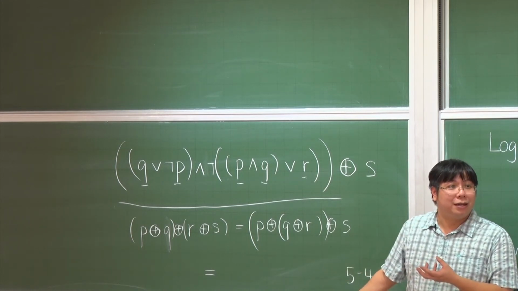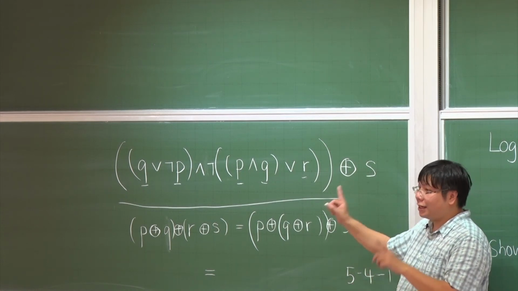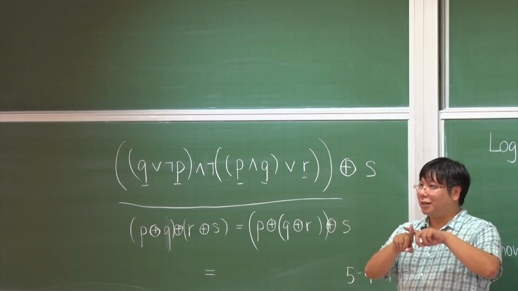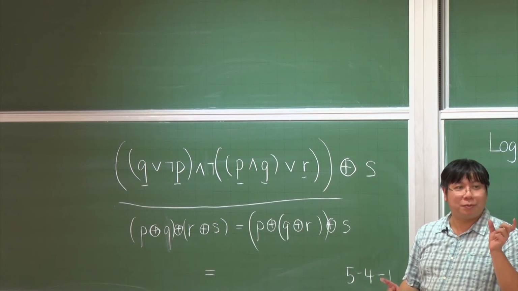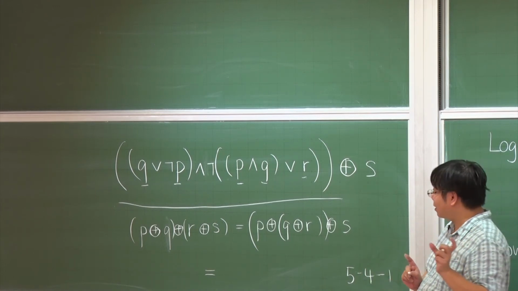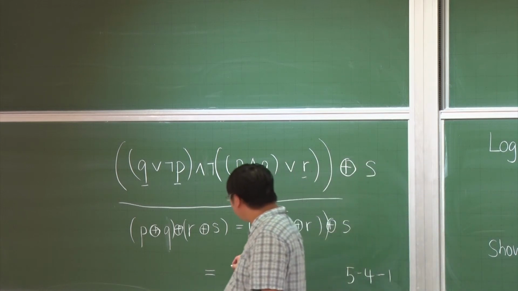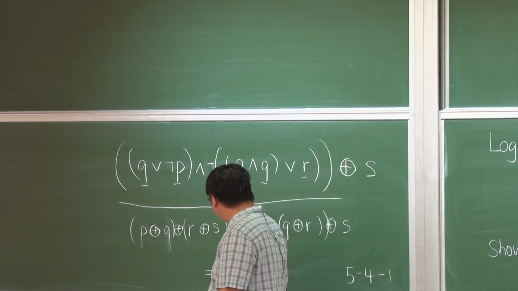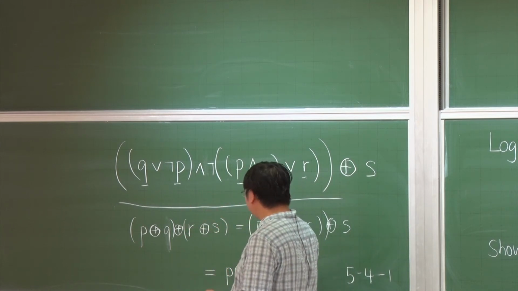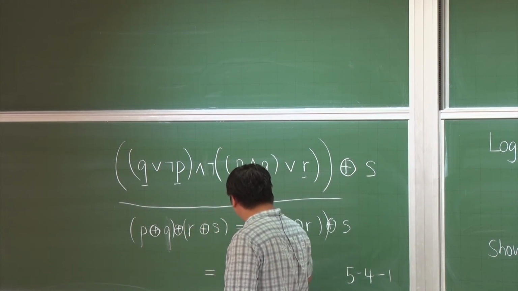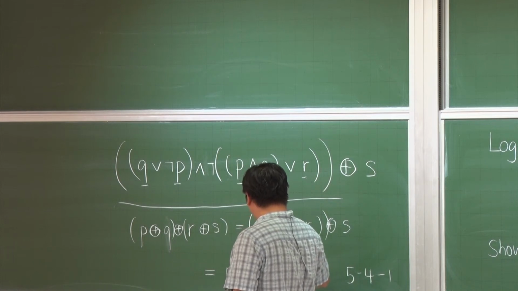So exclusive OR is like addition. The ordering of which pair of propositions to apply first doesn't matter. So the brackets don't matter, and we can simply write it down as P, Q, R, S.